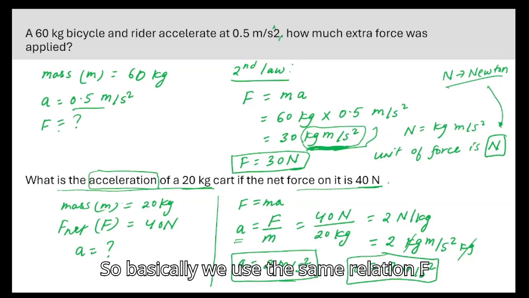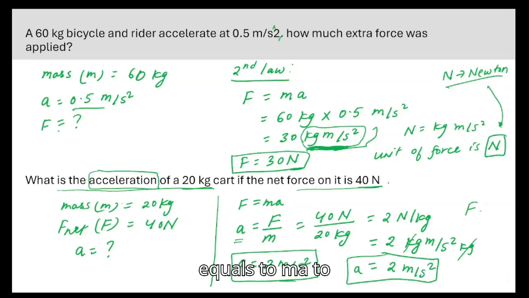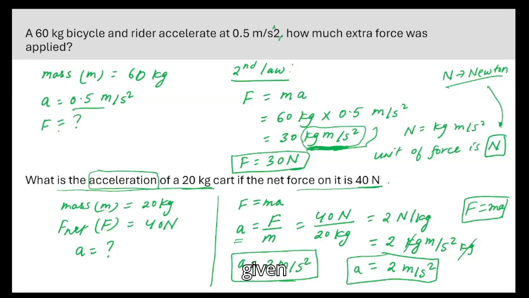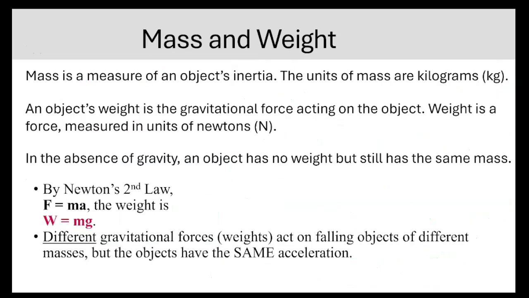So basically we use the same relation F equals ma to calculate both force and acceleration based on the given condition.